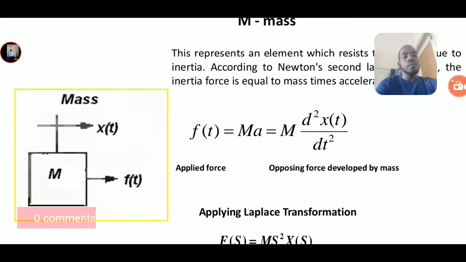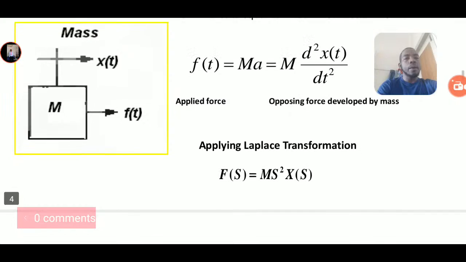So f of t is equal to mass times acceleration, where acceleration is d square x of t over dt square. The expression after the equal sign is known as the opposing force developed by mass, and f of t on the left is the applied force.